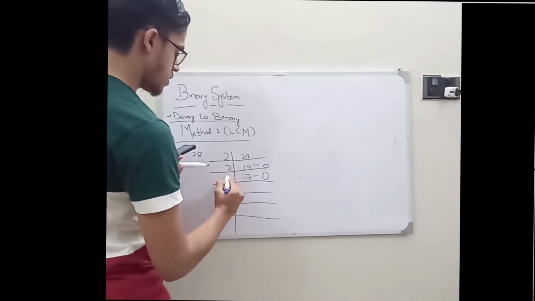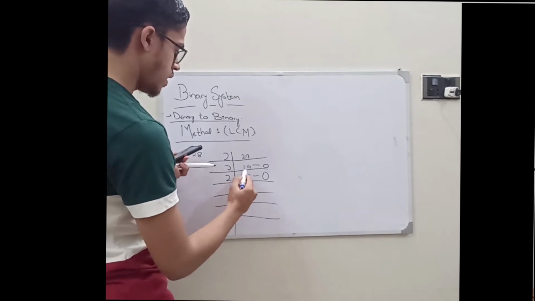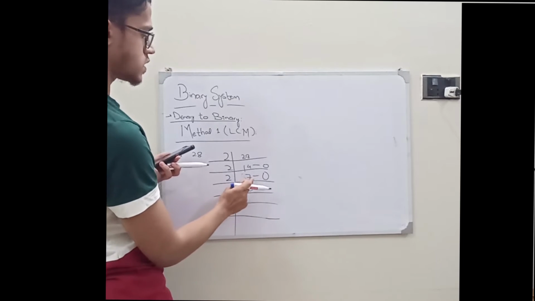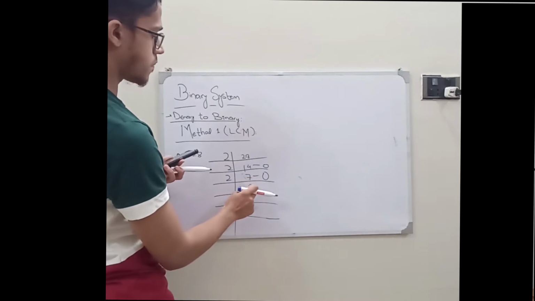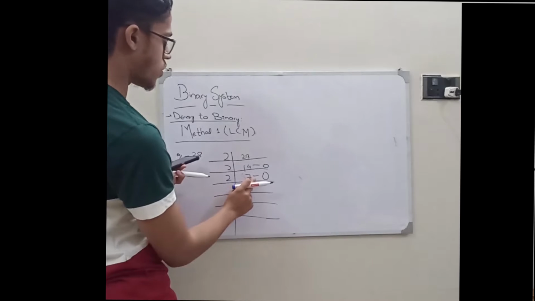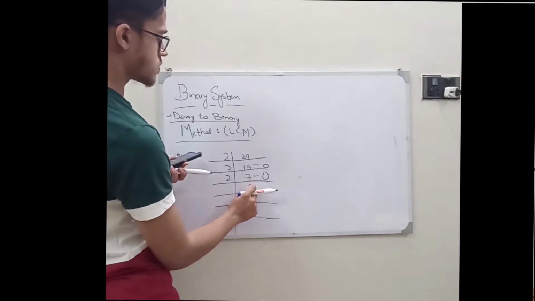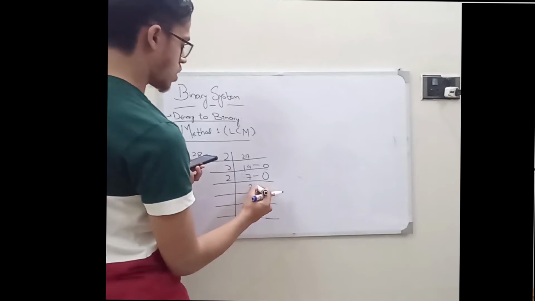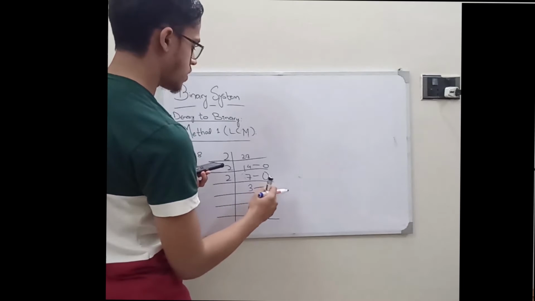Let's do again. If we divide it by 2 again, it is 2 times 3, 6. The maximum possible number, which is just before this number, is 2 times 3, 6, and so our remainder becomes 1.